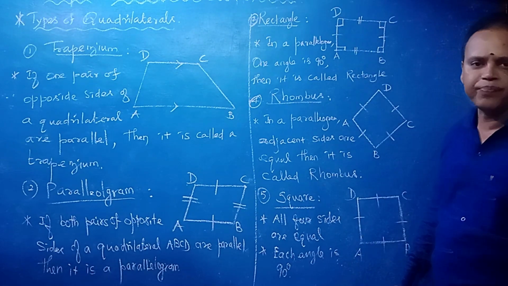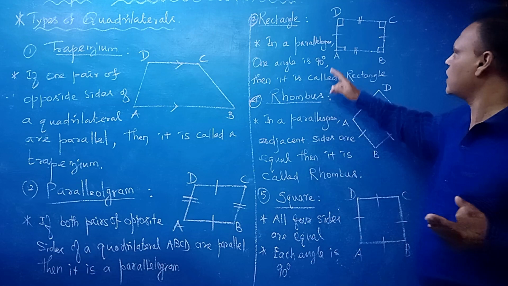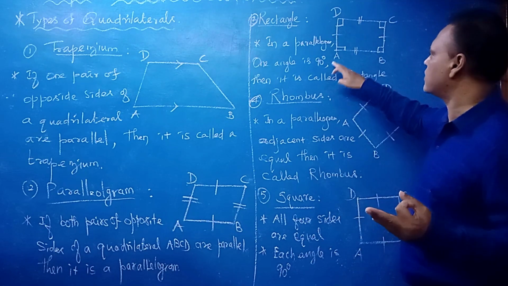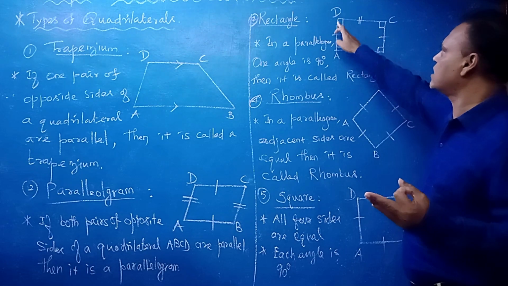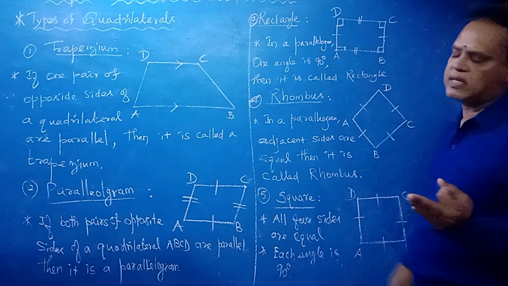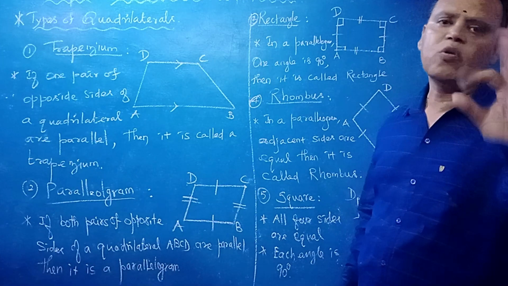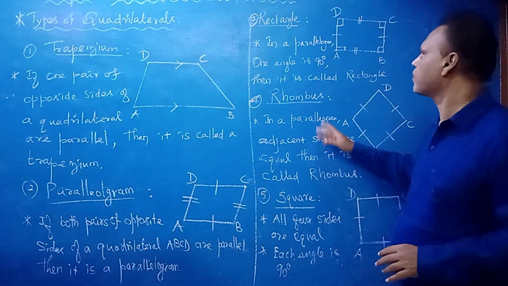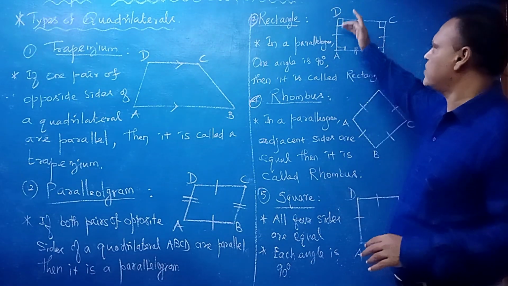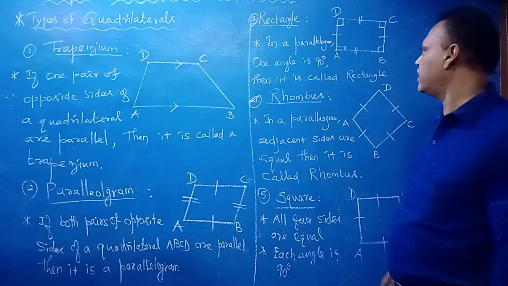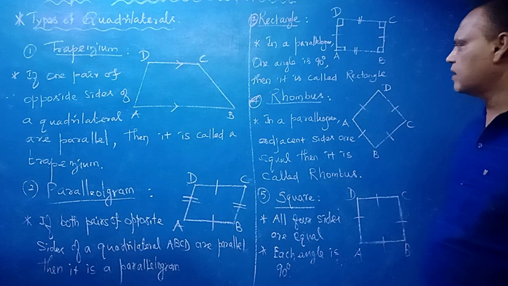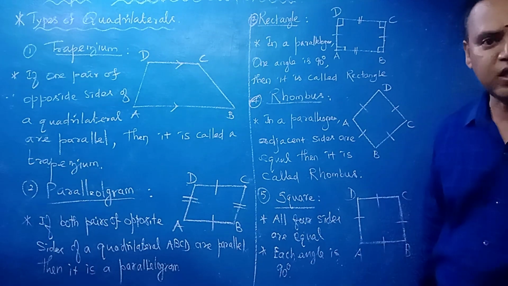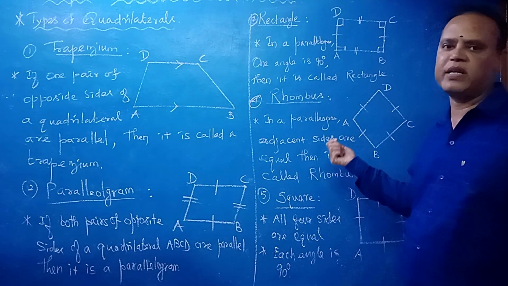Here also, this one is parallel and this one is the transversal, so the sum of the interior angles on the same side of the transversal is 180 degrees. This you also have to remember. Later on, we will study the properties also.